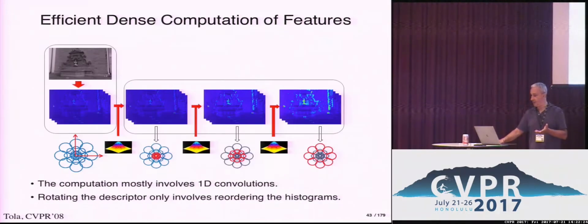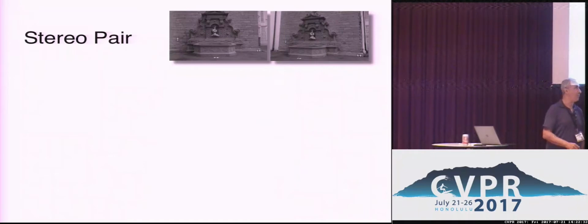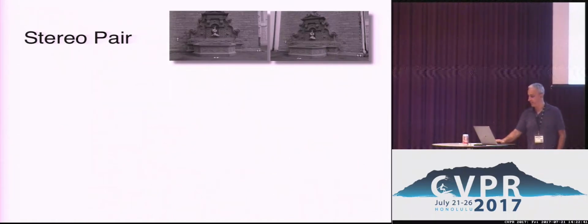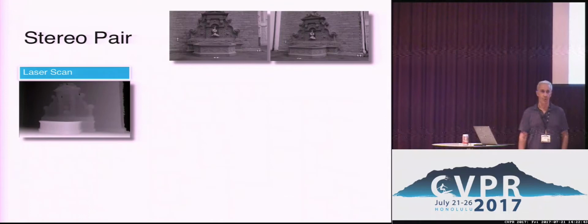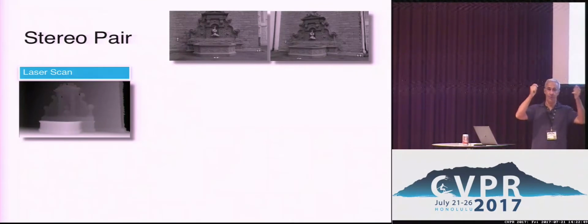And the advantage of doing this, so this is the computation pipeline, is if you want to match, say, a stereo pair like this one. This is a pair of images from a very classic benchmark, and this is the ground truth, so the depth. What you can do is compute the descriptors at every point, and then do standard stereo matching.